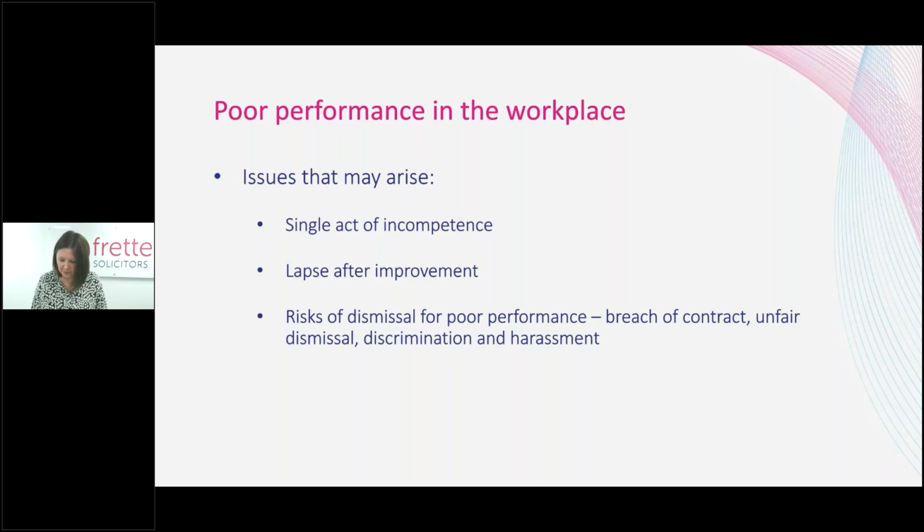So again, we can mitigate those risks by ensuring we treat everybody the same unless there is a clear and non-discriminatory reason for deviating from that. If we ensure we follow an appropriate procedure and have a genuine non-discriminatory reason for addressing poor performance, then that should mitigate those risks. And that's the end of my section.